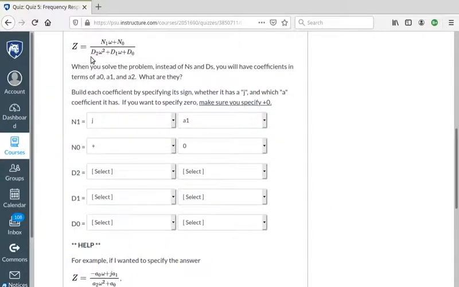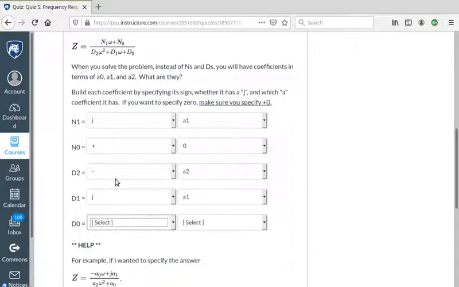So d2, the coefficient of omega squared, well, as you recall, that was negative a2. So I need a negative a2, right? Great. d1 omega, oh, that was j a1. Yeah, there was a j term, positive, and there was an a1 there. d naught, that was a constant term.